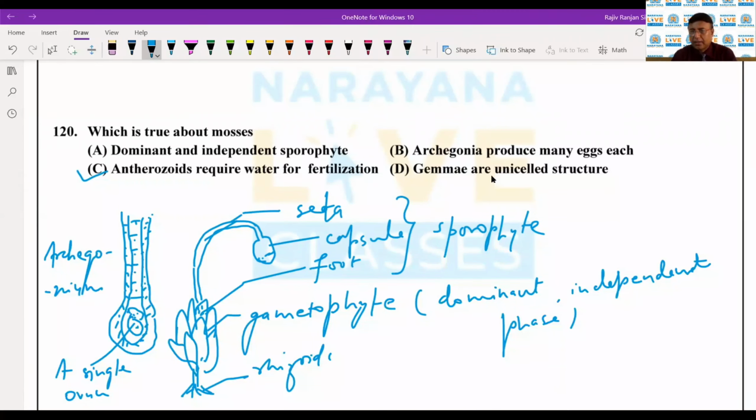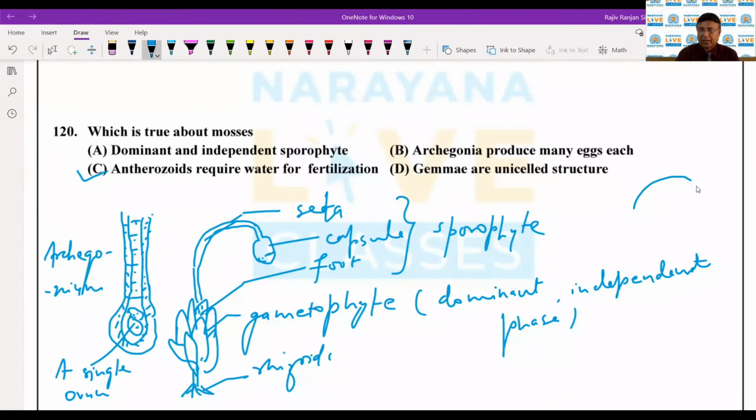Gemmae are absent in moss. Gemmae are found in Marchantia, and they are multicellular structures. So here, antherozoids require water for fertilization. Antherozoids are the sperms of bryophytes, including mosses.